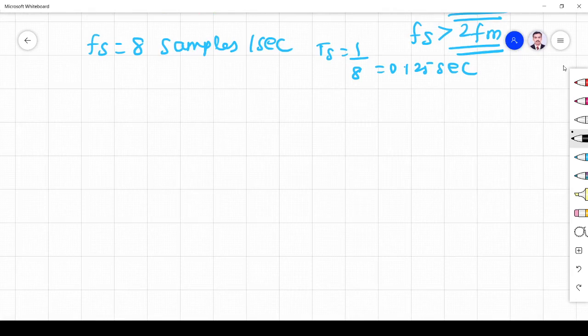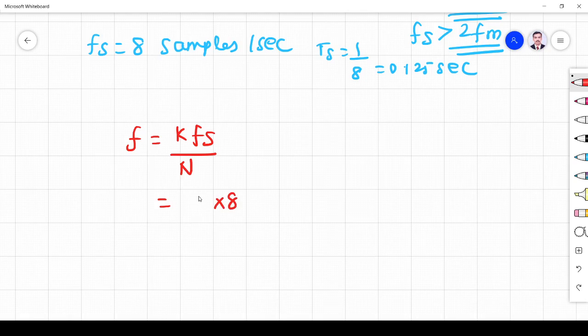The relationship between the analog frequency f and the digital frequency is given by f is equal to k fs by N. So now you forget about your analog frequency. You know only x of n. So once I know x of n, what is my sampling frequency? I know it: 8.